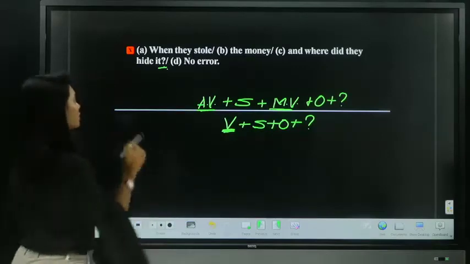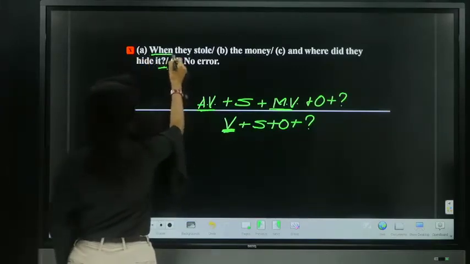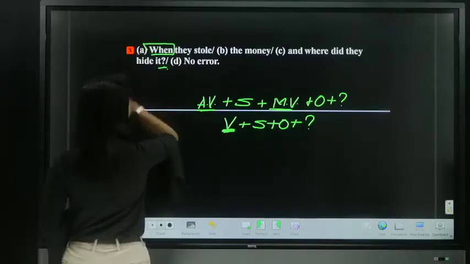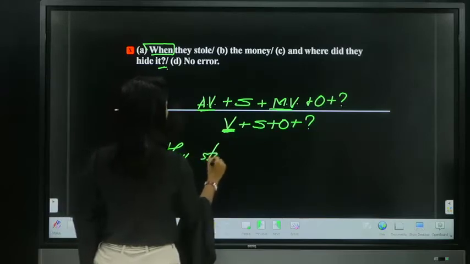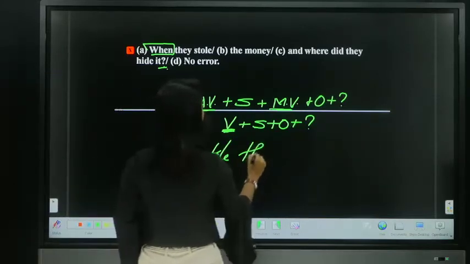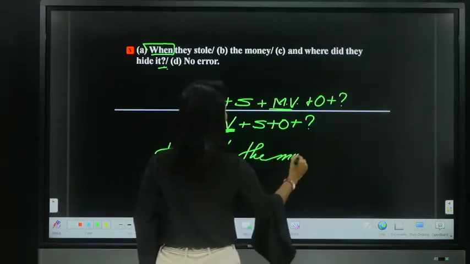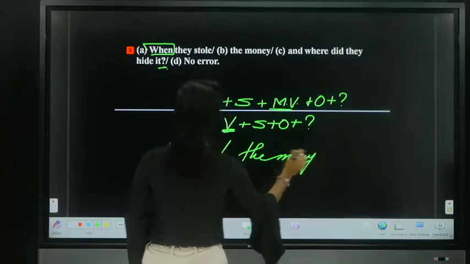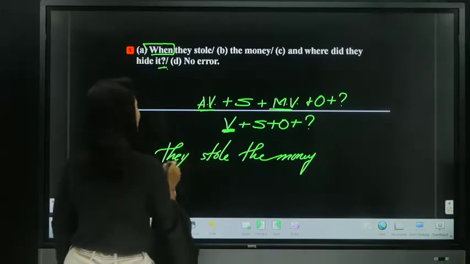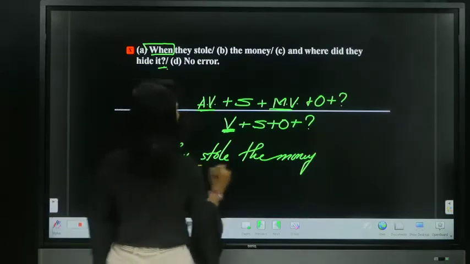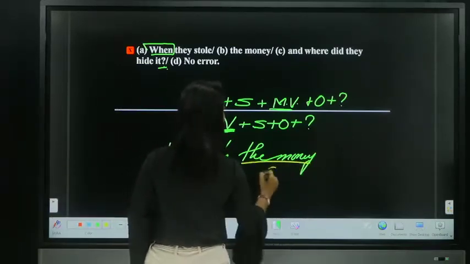Now look at the first one. "When" is a question word, remove that. When they stole the money, they stole the money. If you look at this sentence, do you find it is in question form? They, subject, stole, verb, the money, object.